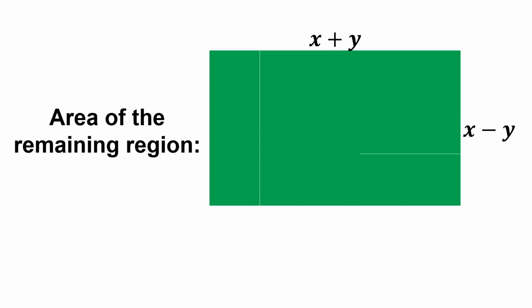The resulting rectangle has sides x plus y and x minus y. Remember, our original expression for the area of this figure is x squared minus y squared.